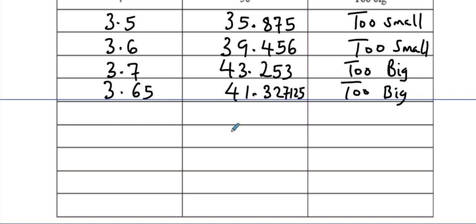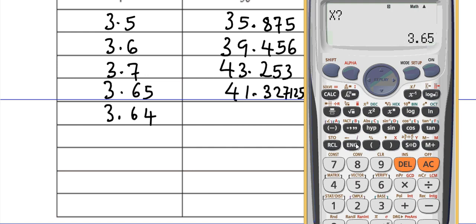Now, since we tried 3.65 and we got the result which is bigger than 40, we have to try the number below 3.65, and that number is 3.64. Okay, so try 3.64.